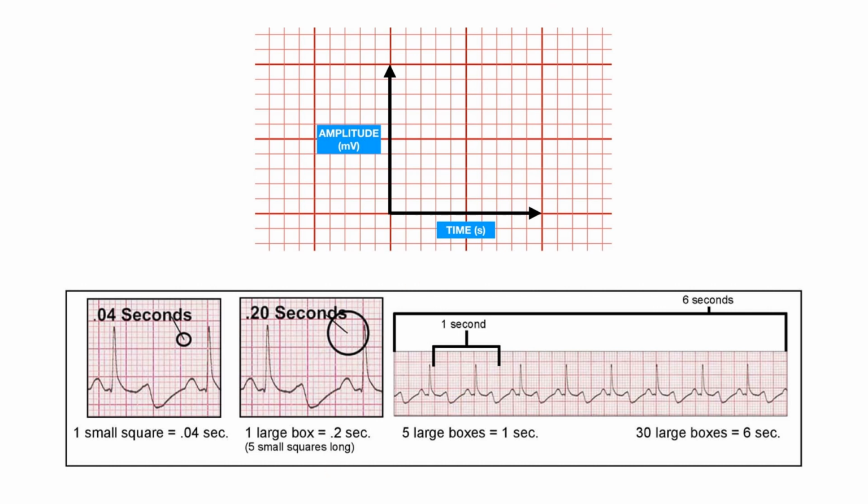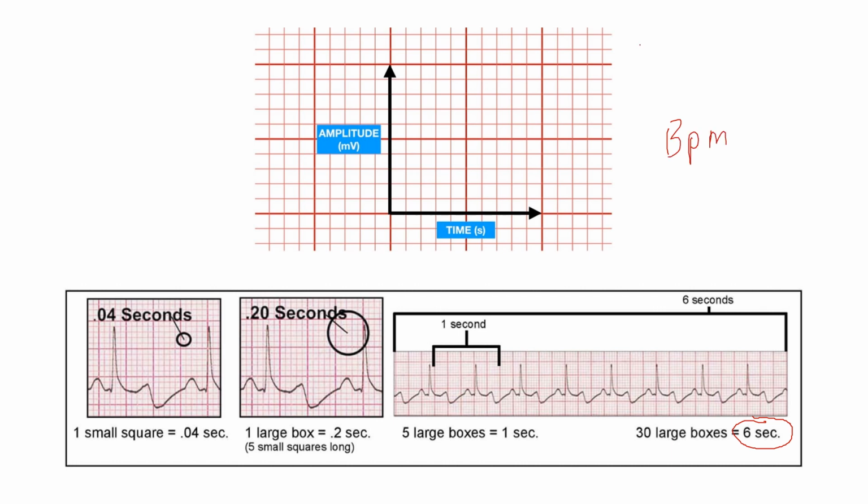If we are trying to determine the heart rate, which is how many beats per minute, and we have a 6-second strip, then we know that if we multiply by 10, we can find out how many beats per minute. Okay, so that's where that number comes from.